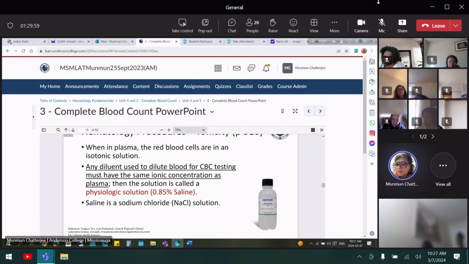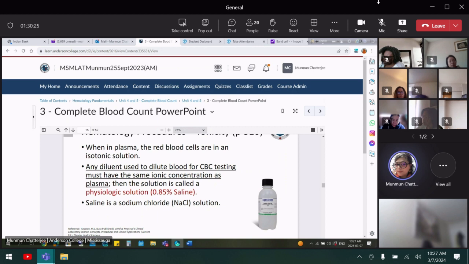What is the physiological solution? 0.85% saline. Whenever we give fluid to rehydrate any patient, that's the main composition. Forget about the other things that are deficient; when you give a bolus or rehydrate, you are basically giving 0.85% saline solution.